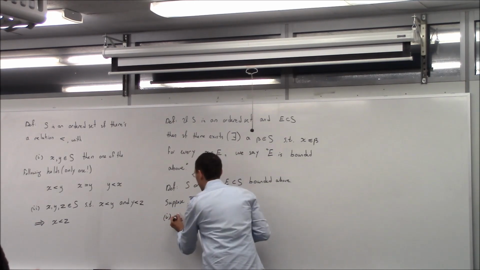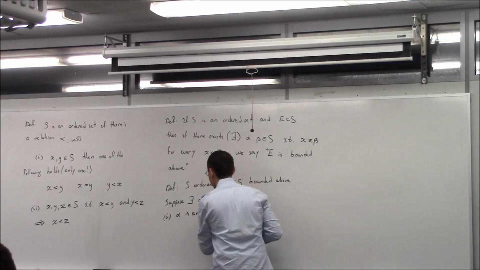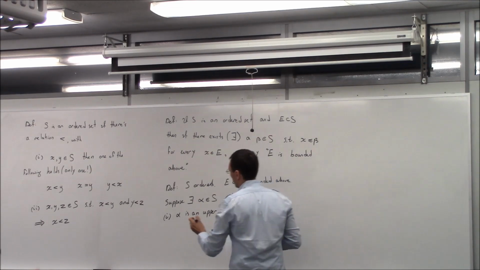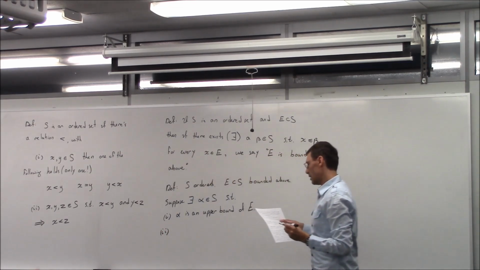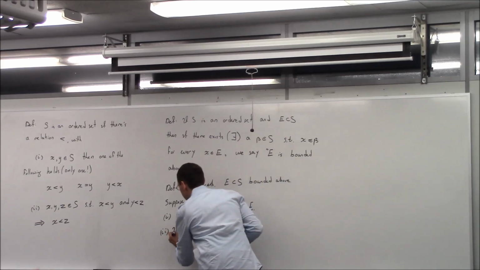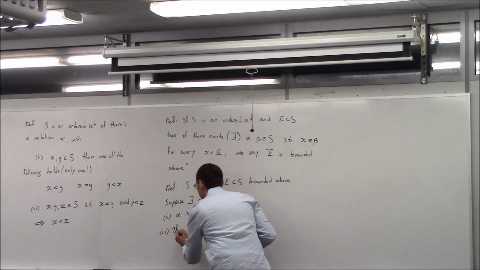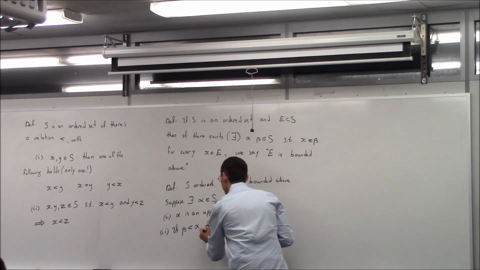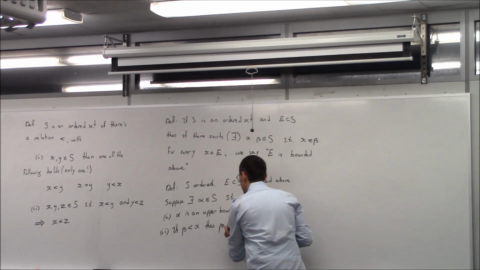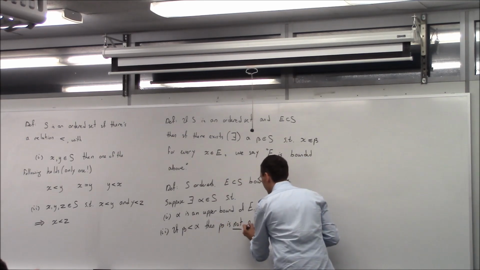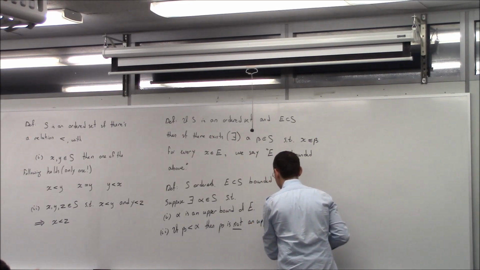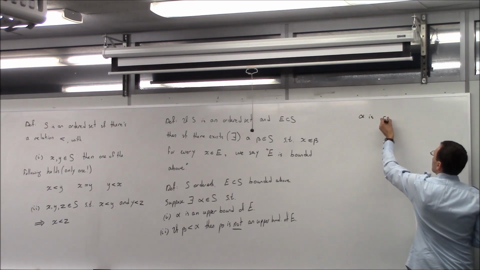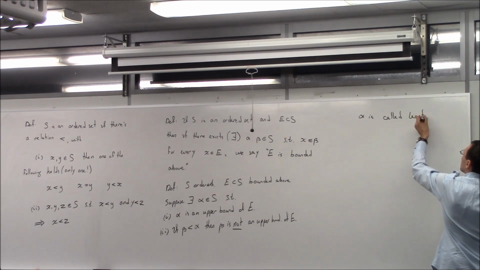Condition 1 is that alpha is an upper bound of E. Condition 2: if beta is smaller than alpha, then beta is not an upper bound of E. In that case, alpha is called least upper bound.